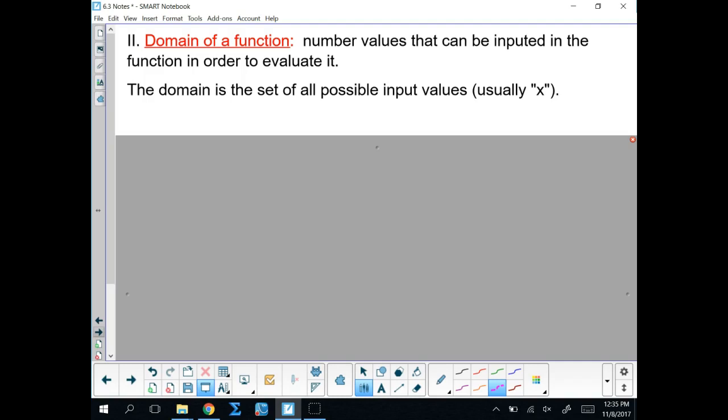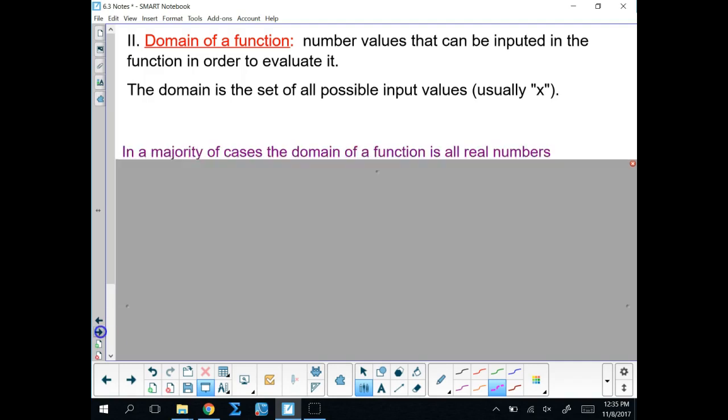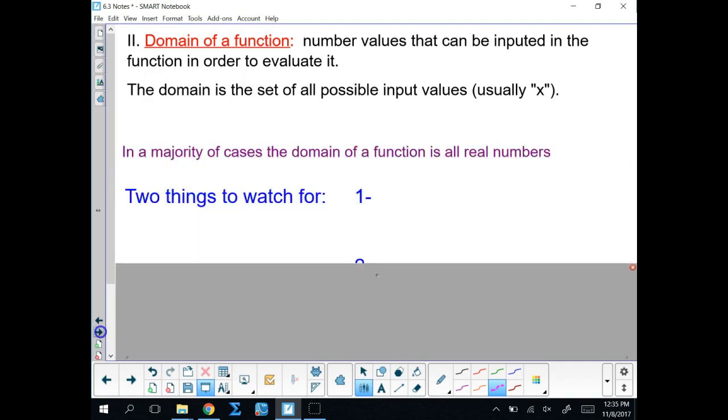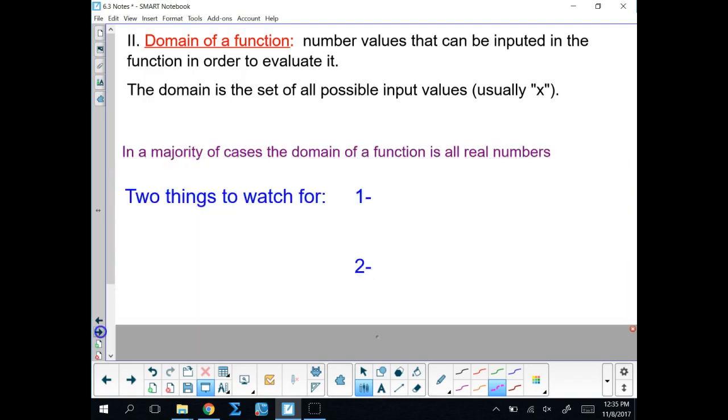Now, thinking about math and what you know about math, what are the two things that we have to watch out for in math that wouldn't give us an output? What are the two things that we have to watch for? Double x value?